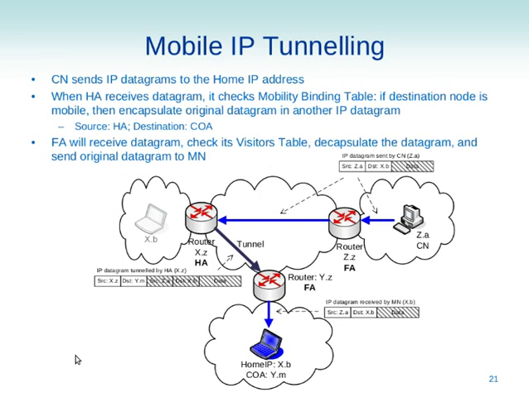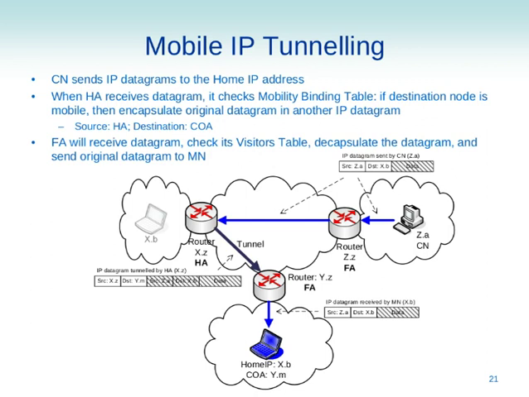So now, how do we deliver the IP datagrams from correspondent node to mobile node? Correspondent node, Z.A, doesn't know anything about the mobility of X.B. They've been communicating, maybe they're in the middle of a voice over IP call, so they're sending packets in both directions. We're looking just in the direction from correspondent node to mobile node. So the IP datagram, I've simplified it here.